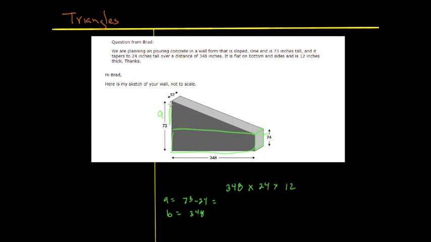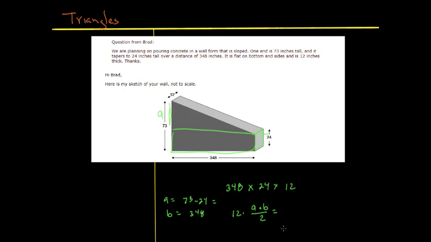Since this is a 90-degree angle, we can use this as our height. So we can say that A times B divided by 2 is going to give us the area here. And we can multiply that times our 12.